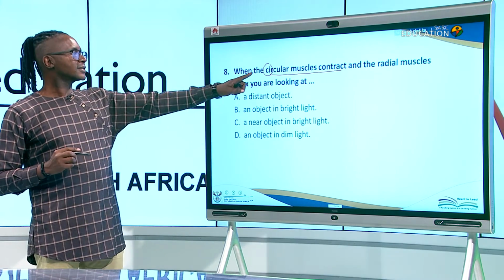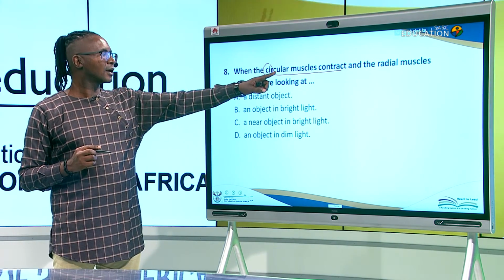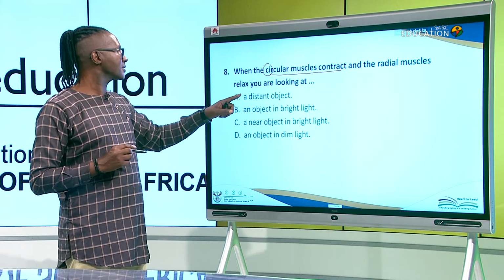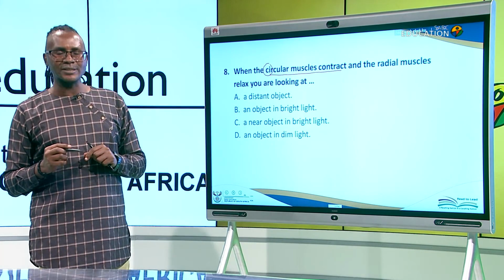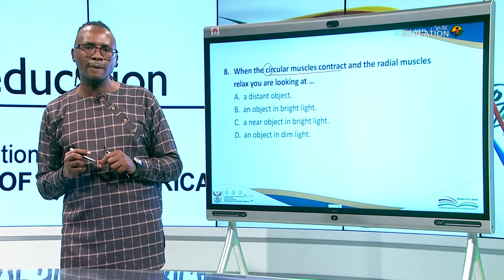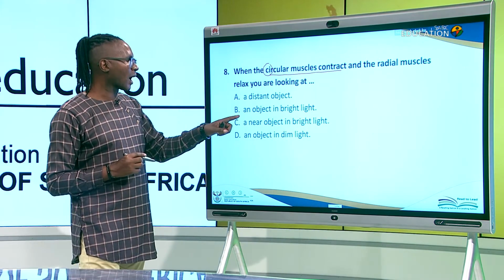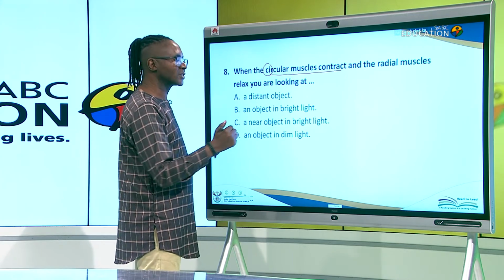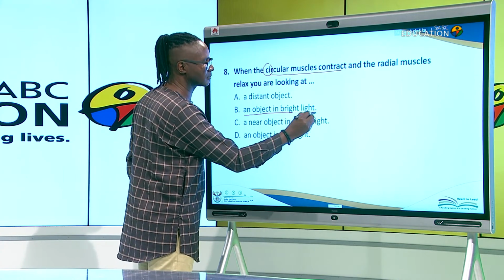Now, circular muscles contract, the radial muscles relax. So what's happening to the pupil? Your pupil becomes smaller because there is too much light.